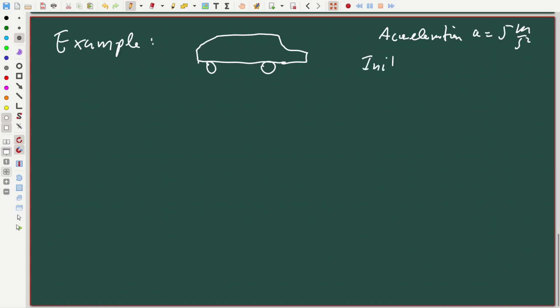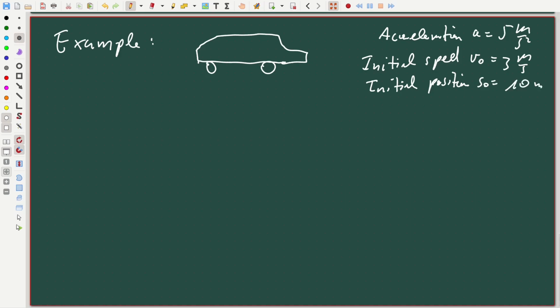And now we have an initial speed of this car at the time when we measure, at t equal to 0, which is given as 3 meters per second, and we have an initial position of that car, which would be called S0 equal to 10 meter.